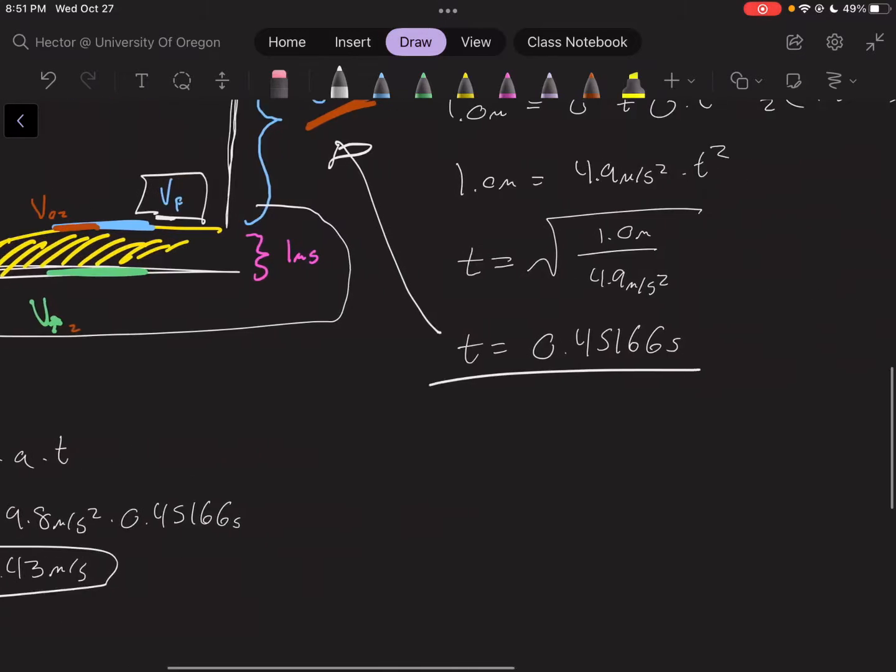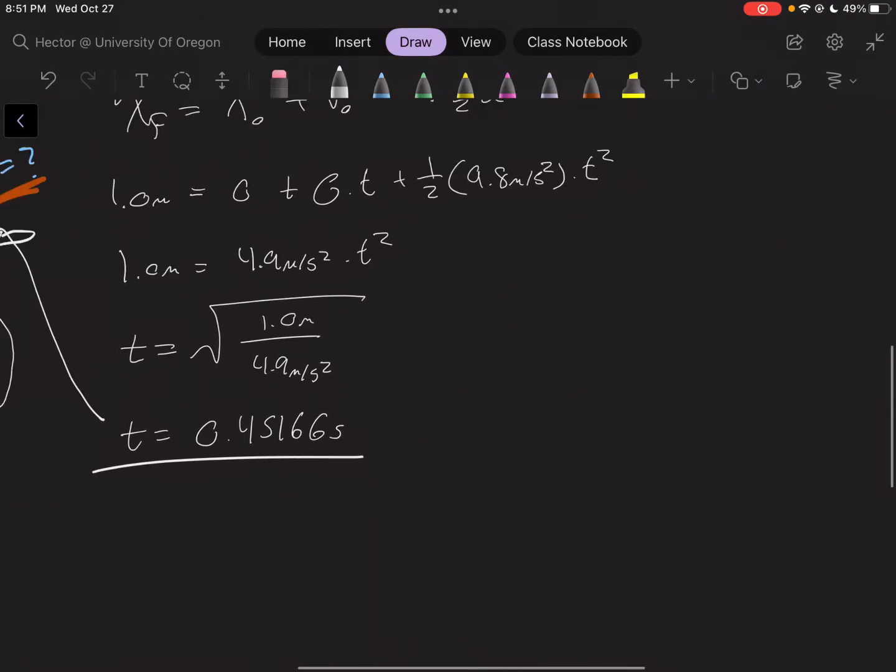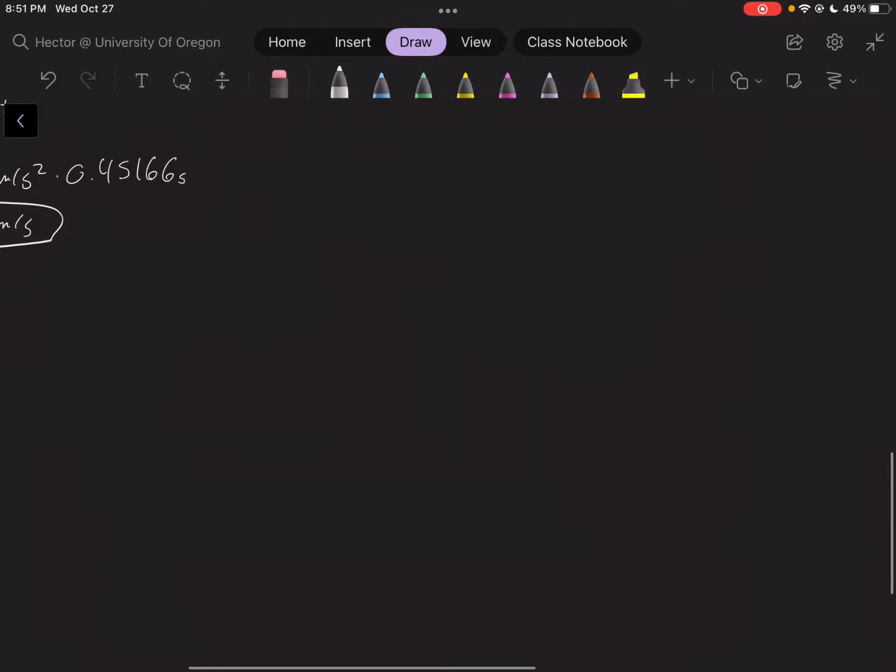Setting up the equation for that, we're going to use the exact same equation. We now know basically the opposites of what we knew before. So our velocity final 2 equals 4.43 meters a second plus a times t.